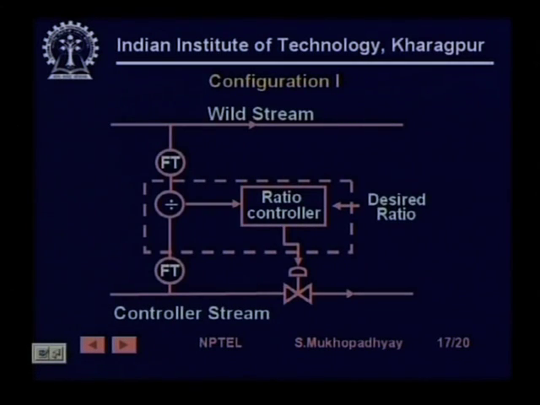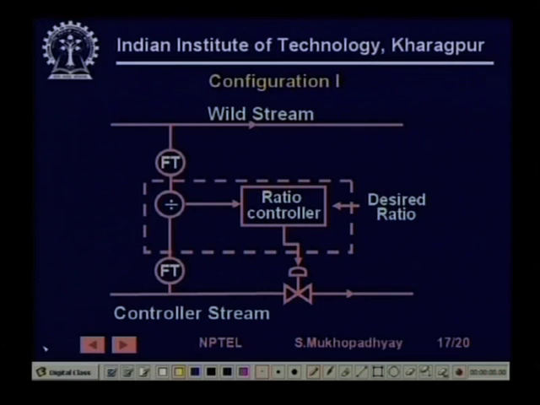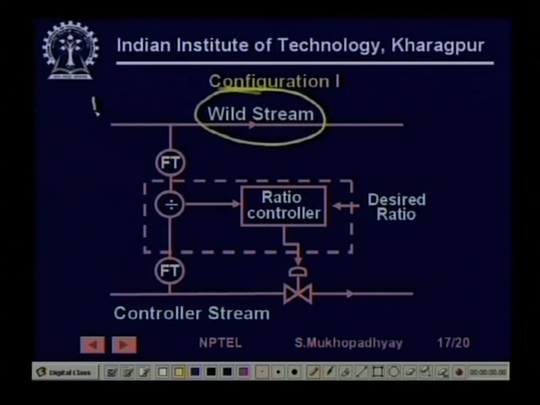You see in ratio control we have two streams. The first one we call the wild stream. We do not directly control that stream; it is controlled by other considerations, maybe production volume. It is like a master stream which changes independently because of some operator change, etc. And this is the slave stream, or the controlled stream.